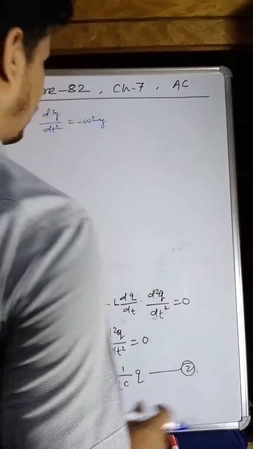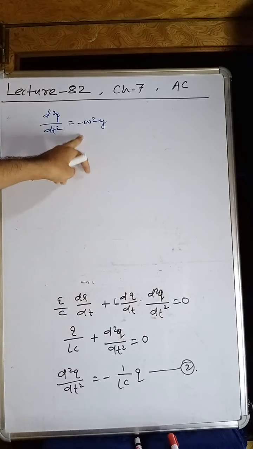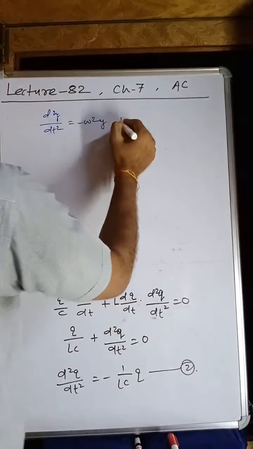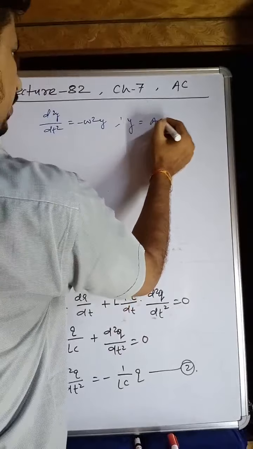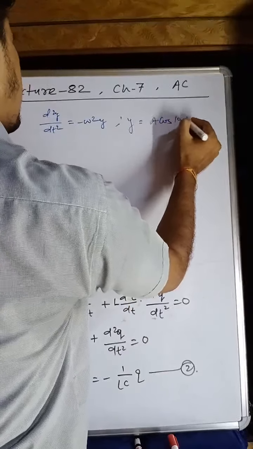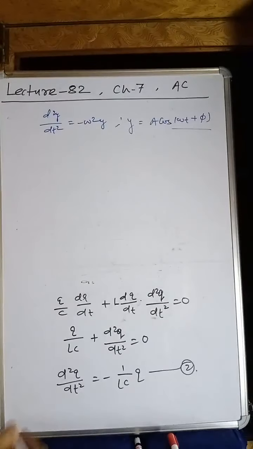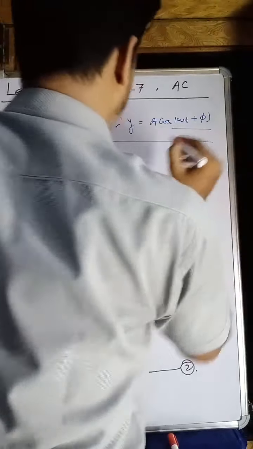Did you recall? Yes. And I hope you remember the solution of this equation: y equals A cos of omega t plus phi. This was the solution of this equation. The same we are going to use here.